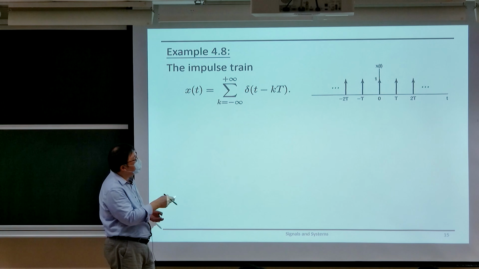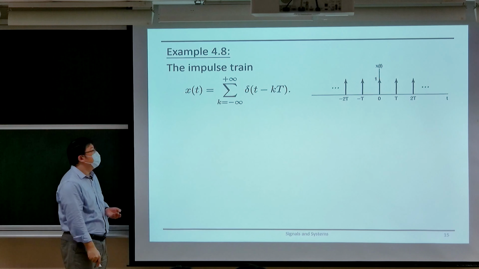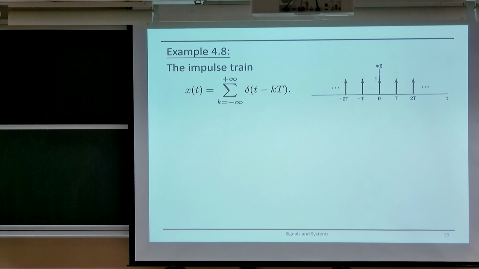You have a unit impulse at integer multiples of capital T. For this, the Fourier series coefficient AK is just the integral of this x of t over one period.